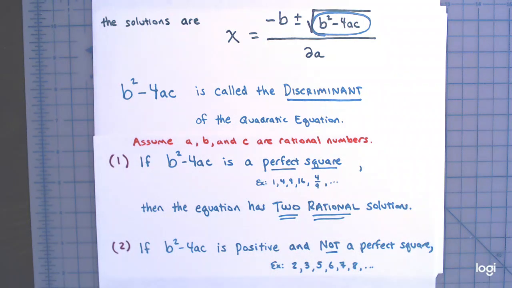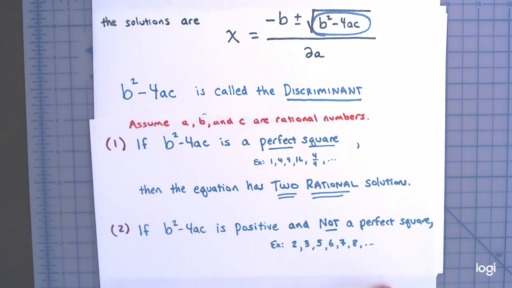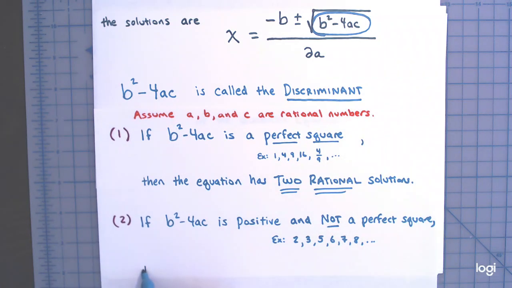So we end up with two irrational solutions to the equation. So if b squared minus 4ac is positive, but not a perfect square, then the equation has two irrational solutions.